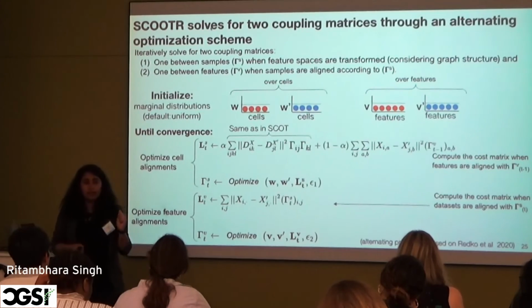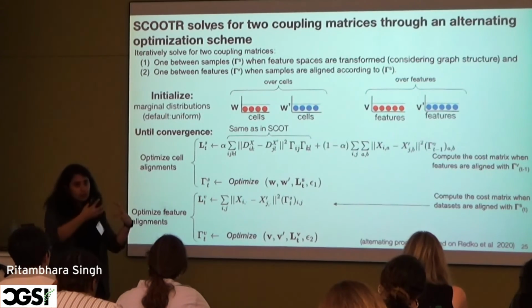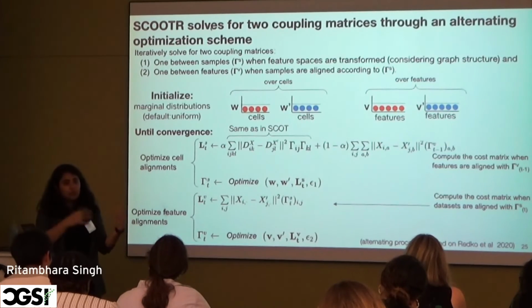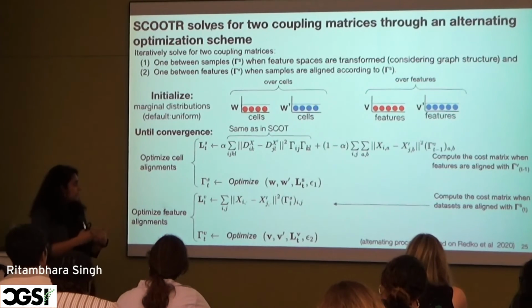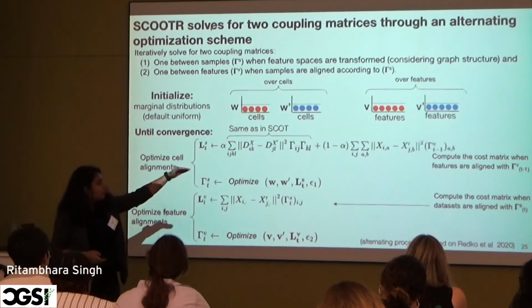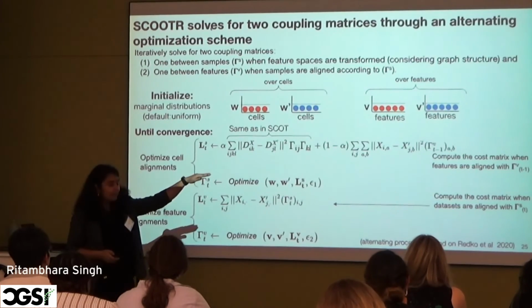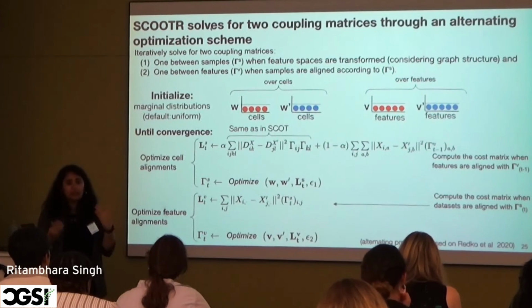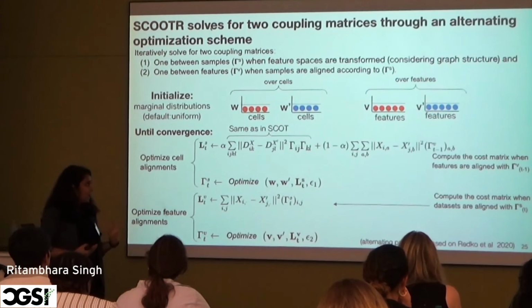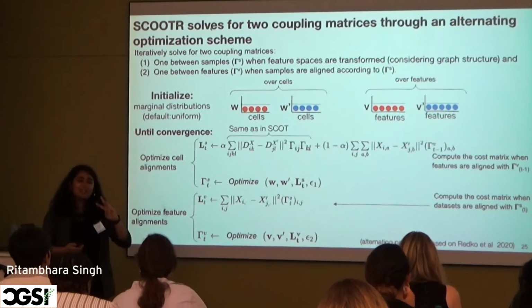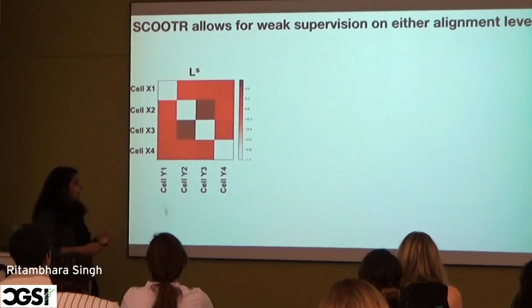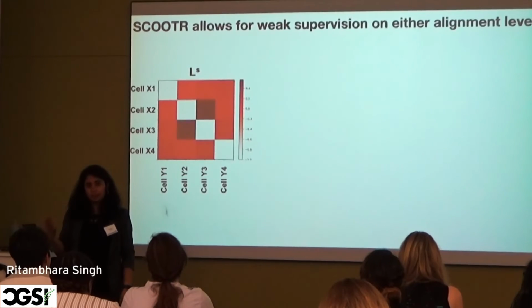By adding this term, we ensure that the underlying geometry or topology remains consistent when we are matching two different data sets. And learning both sample and feature couplings gives us feature mappings that allow us to develop interesting hypotheses.